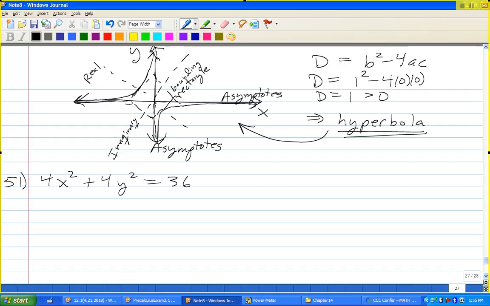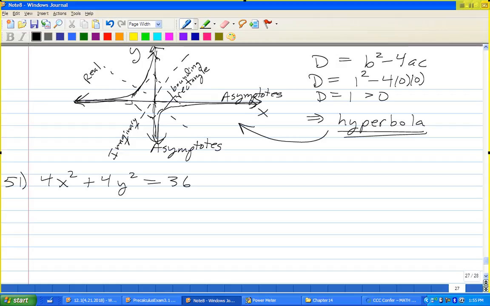Identify whether the graph is a circle, an ellipse, a parabola, or hyperbola. In this case, both 4 and 4, the signs in front of x squared and y squared, are both of the same sign.